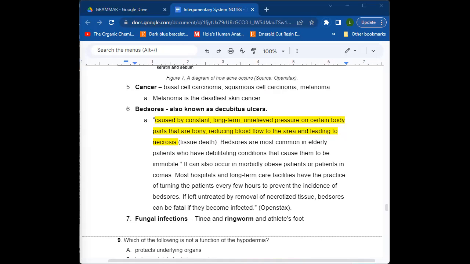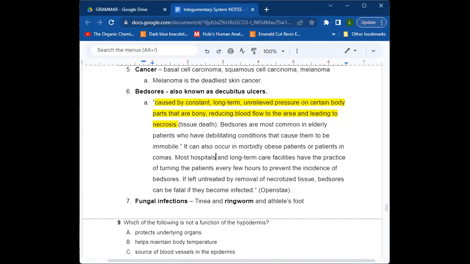And even if they're consciously aware and thinking, oh, I need to get up and move around, they're not able to do that on their own. And definitely people that are in comas can't move on their own, so they're very, very high risk for decubitus ulcers.